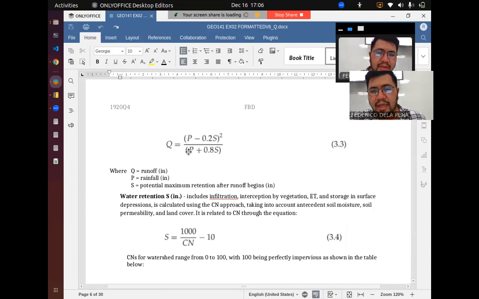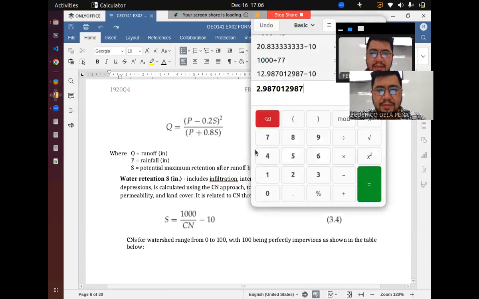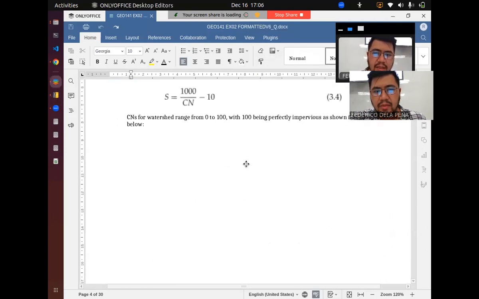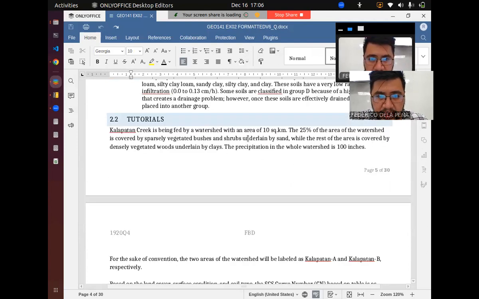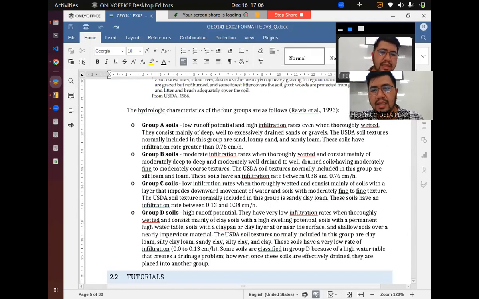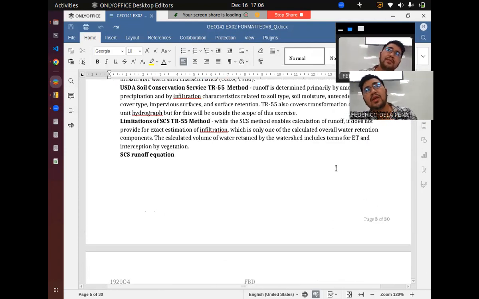So we have this equation here, and we can calculate that. The first one is around 11. What is our precipitation value? Our precipitation value is 100 inches. So we had 100 inches of rain. That's actually a lot, almost 1 meter of rainfall.